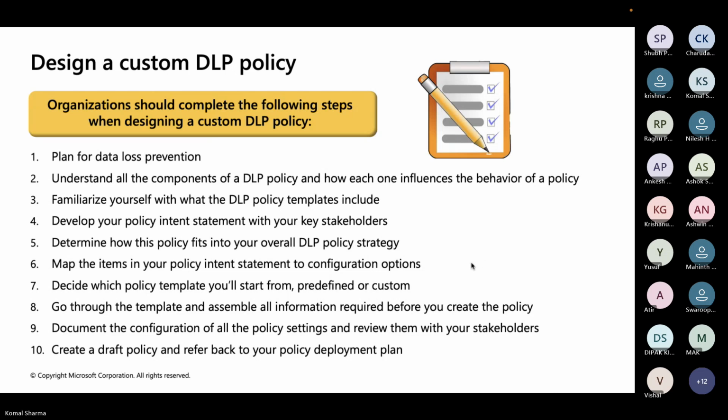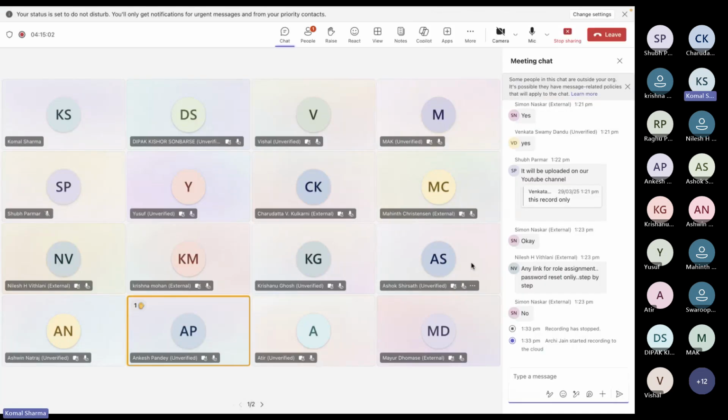Okay, so that's it, friends, from my side. As per the availability of the time, I could explain to you how you can secure your environment, right? How you can prepare the security and compliance requirements to support Microsoft 365 Copilot.